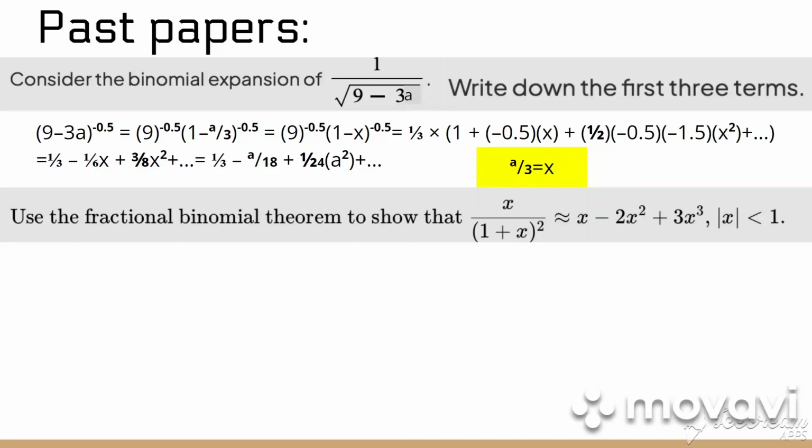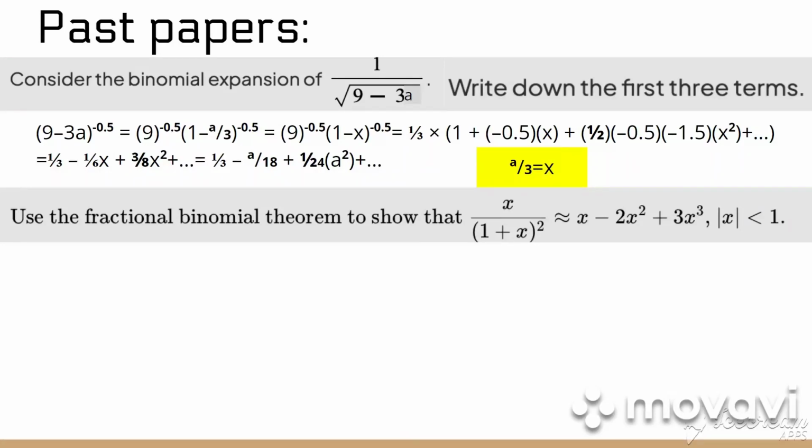We can use the expansion of binomial theorem to rewrite the 1 minus x to the power of negative 0.5, and after we multiply by 1/3, we'll get 1 divided by 3 minus 1 divided by 6x plus 3 divided by x squared, and so on.